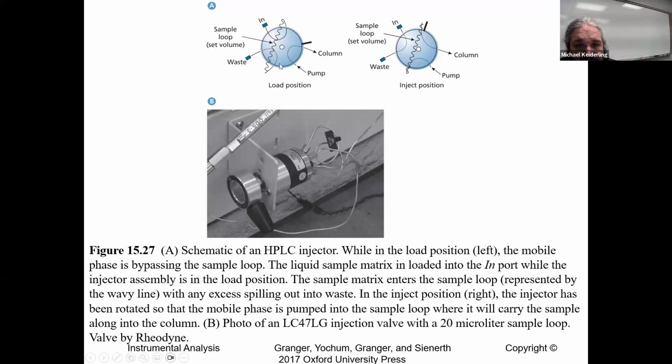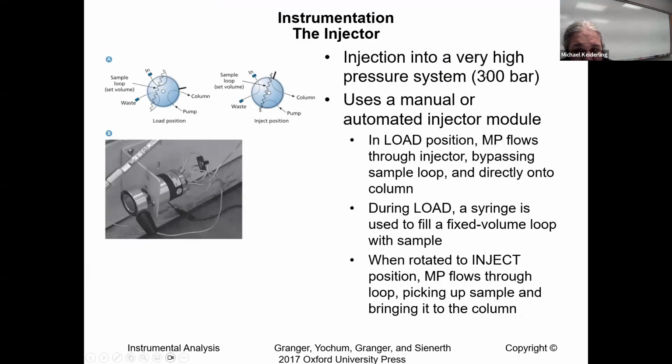So while in the load position, the column is going to bypass the sample loop volume. You fill it with your sample, and then switch it to the inject position. So the mobile phase passes through the sample loop where it carries the sample along the column. So this is the injector.